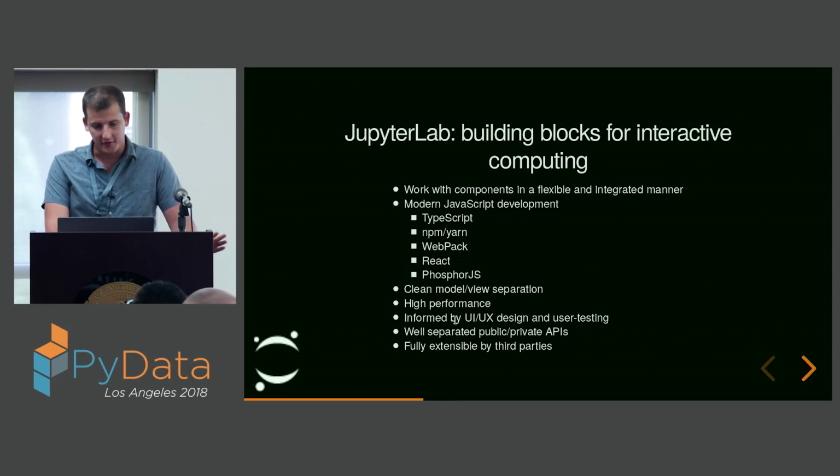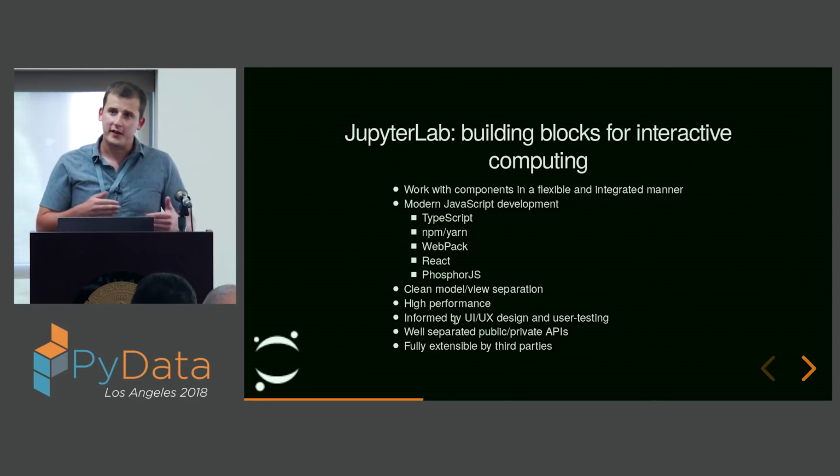We work hard to make this a high-performance interface and to have a well-thought-out user experience. We've actually done some UX UI testing, which for a project that comes out of academic science, that's not particularly common. And then these last 2 points I want to dwell on a bit. We've worked really hard to make a strong distinction between our private and our public APIs.